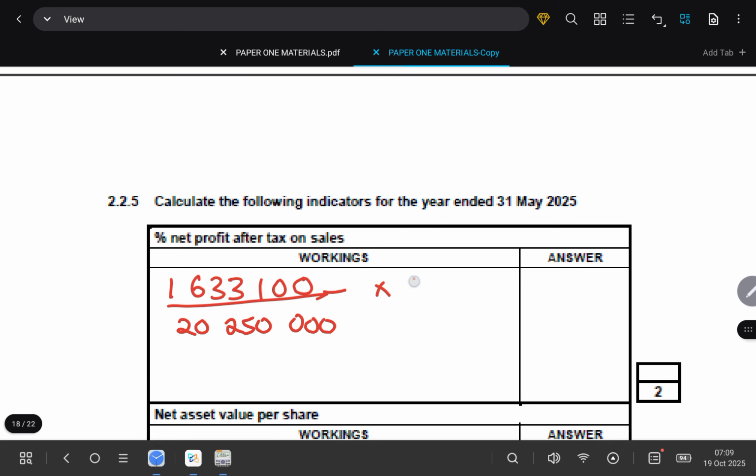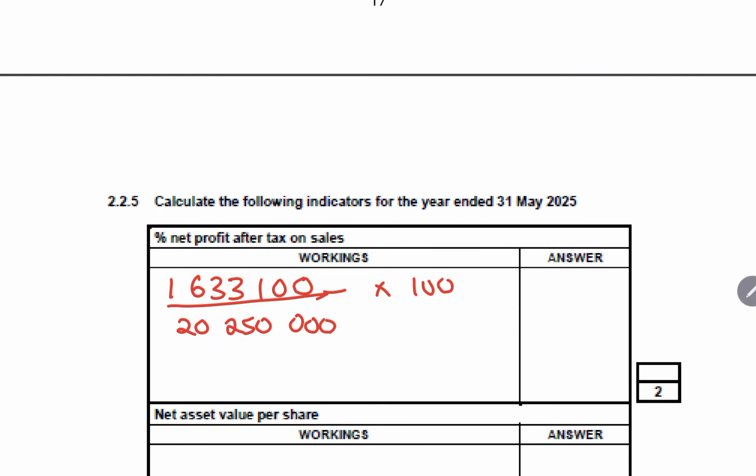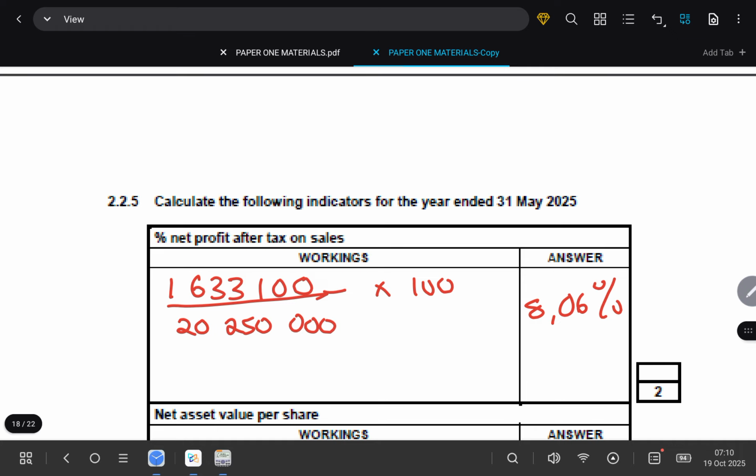We're going to say 1,633,100, you divide it by 20,250,000, then you multiply by 100. It gives us 8.06%. So we'd have 8.06% here.